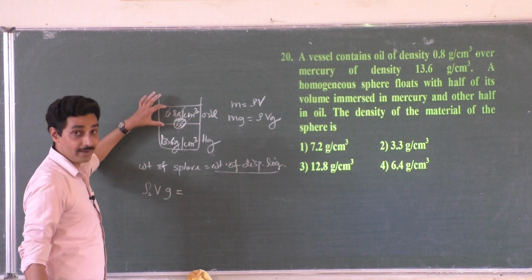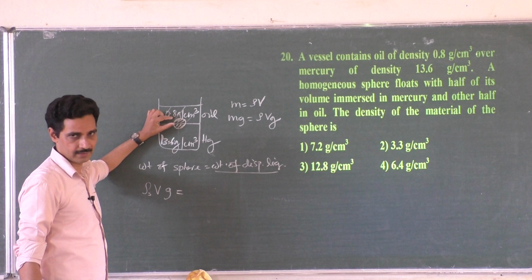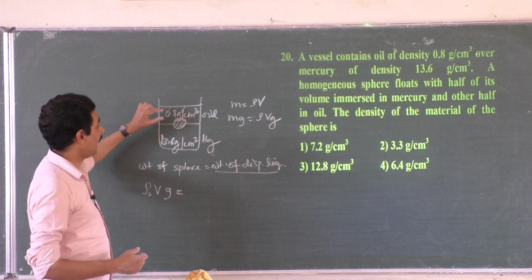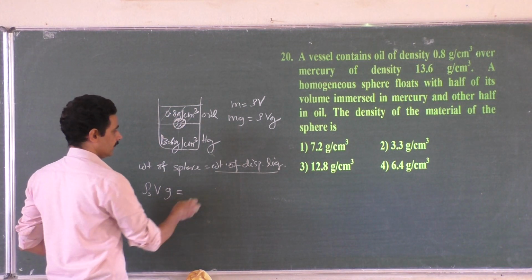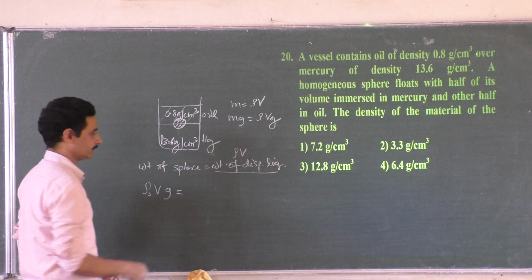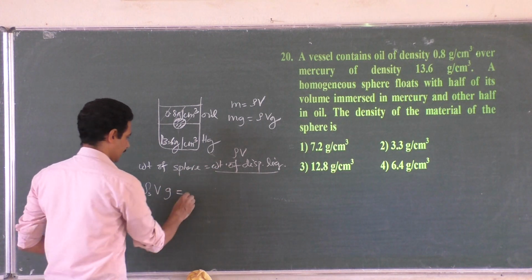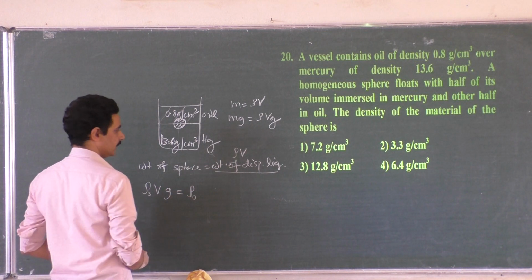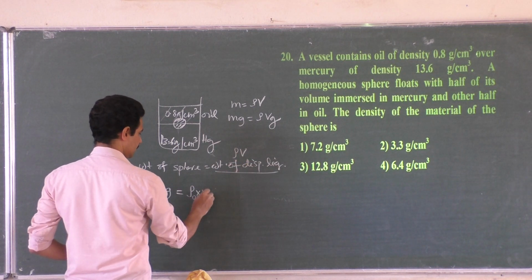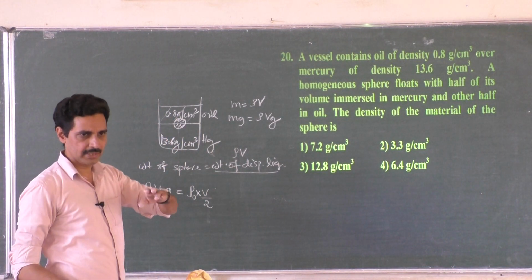How much of the oil is displaced? Half of the volume of the sphere, because half of the volume of the sphere is inside the oil. So density of the oil into volume of the oil displaced, and the volume of the oil displaced is half of the volume of the sphere itself.